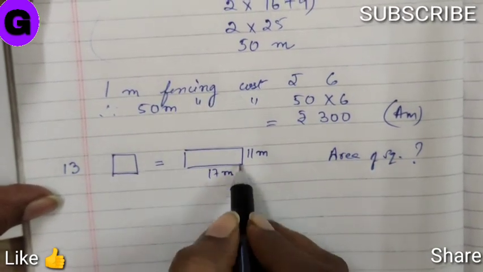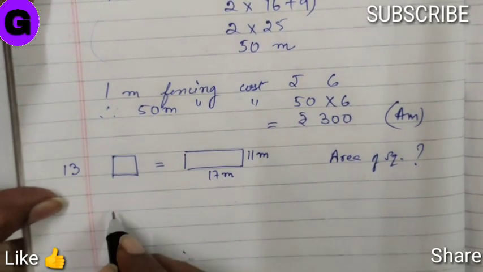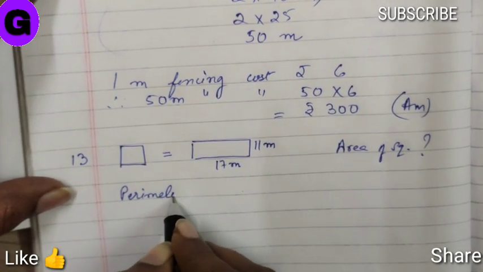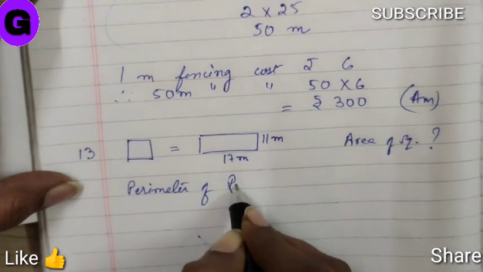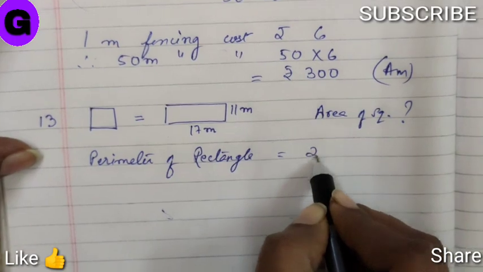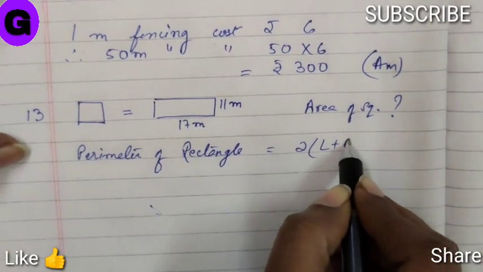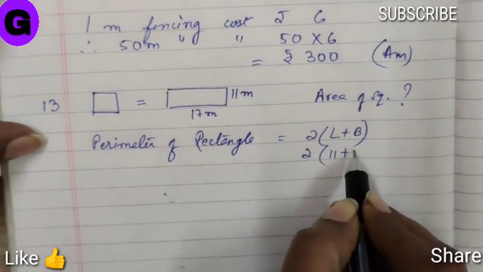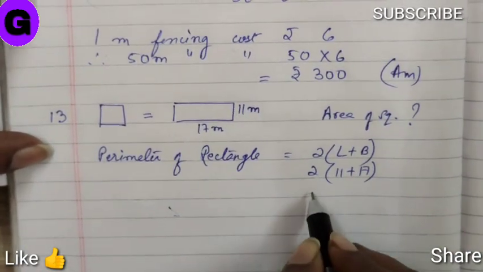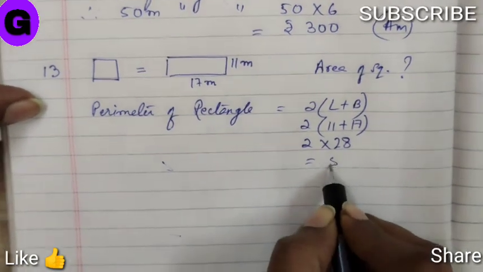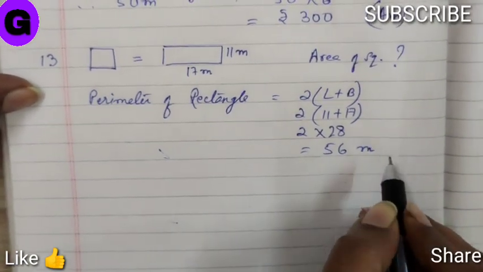So first let me find the perimeter of the rectangle. So perimeter of rectangle is equal to 2 into length plus breadth, 2 into 11 plus 17, 2 into 28 is equal to 56 meter.